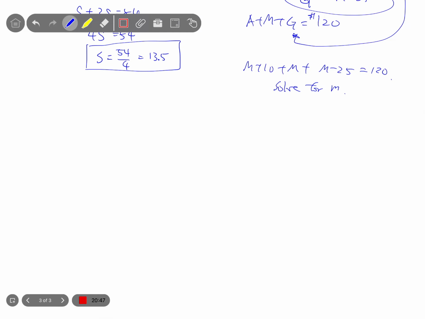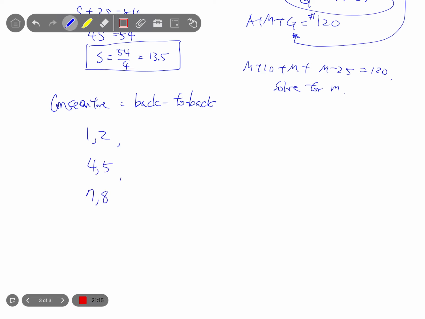All right. Now for the consecutive integer problems, I want to help you with the setup. Just remember, consecutive means back to back. So for example, consecutive numbers will be like 1, 2, 4, 5, 7, 8.